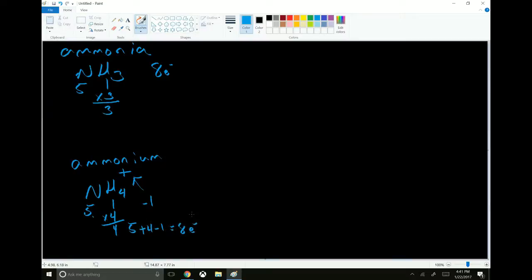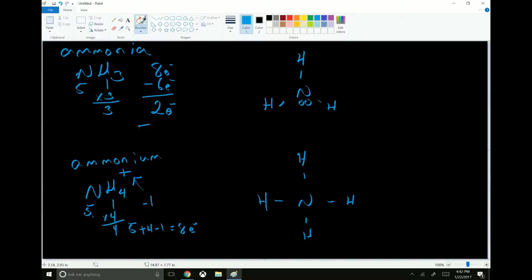All right. So ammonia, ammonium. The 3 bonds of ammonia cost us 6 electrons, leaving us with 2, and those remaining 2 electrons go on nitrogen as a non-bonding pair, because hydrogens don't get non-bonding pairs.